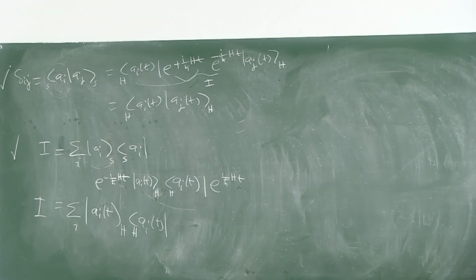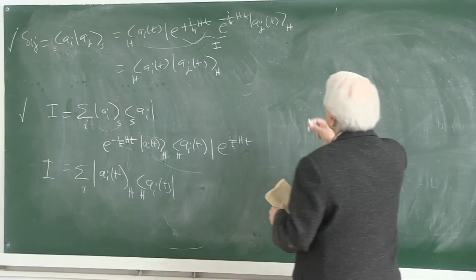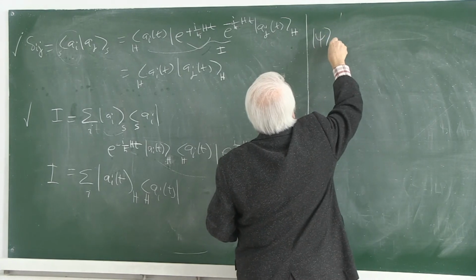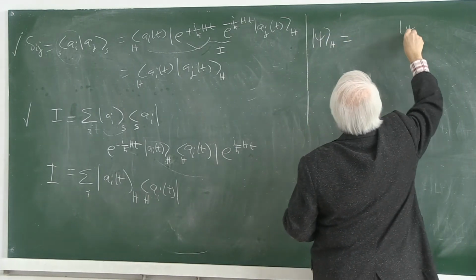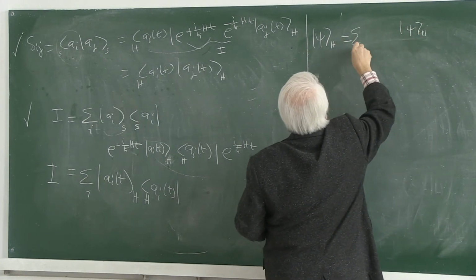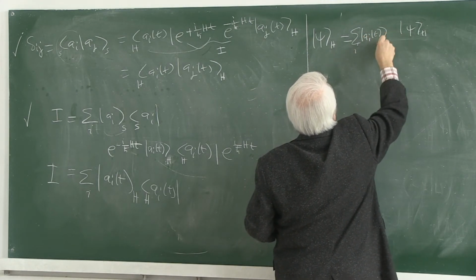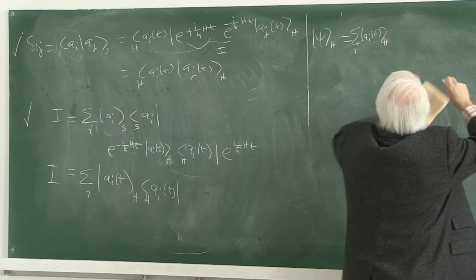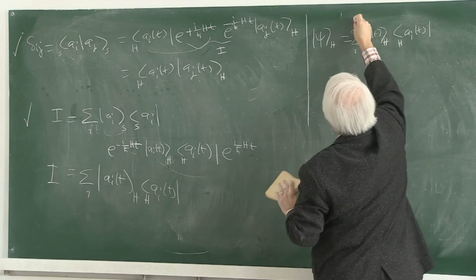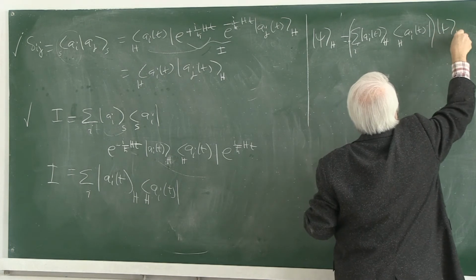If it is used as a basis, let me expand an arbitrary state, psi Heisenberg is equal to psi Heisenberg, and here I insert the identity, sum over AI of t h, this identity insertion on psi Heisenberg.